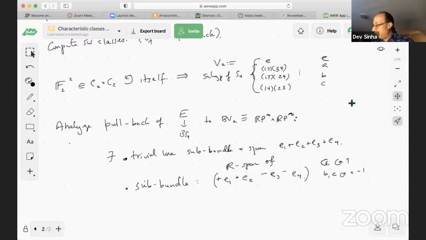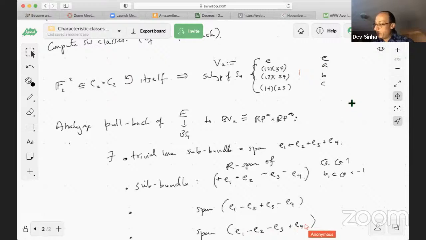And then similarly, if I look at the span of E1 minus E2 plus E3 minus E4, or the span of E1 minus E2 minus E3 plus E4.